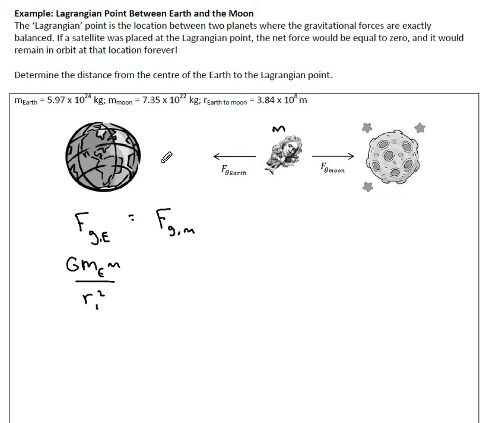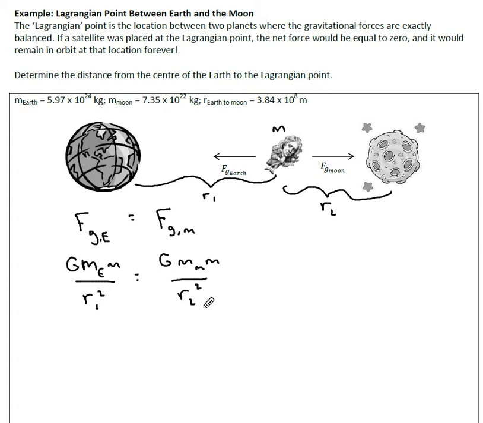I'm going to say this is some r1, and this is some r2. So we get G m of the Moon times the mass of the object between them, divided by r2 squared.